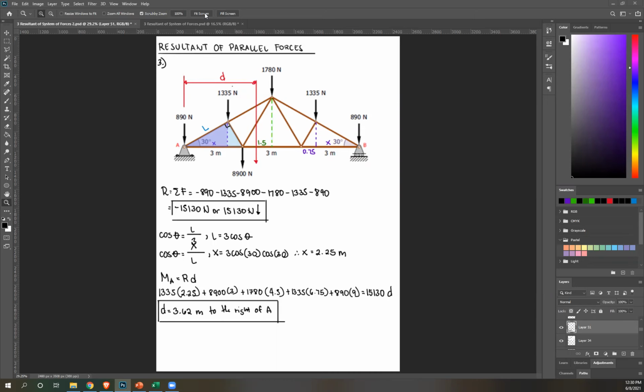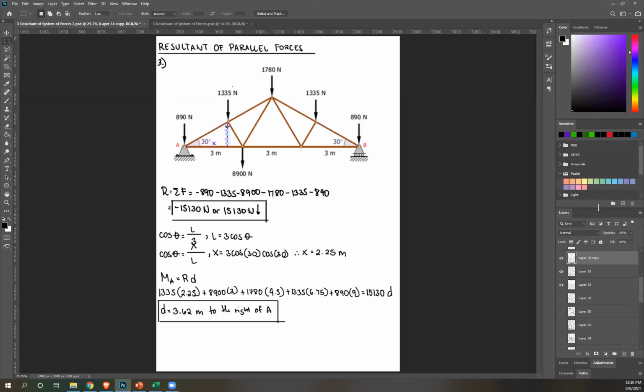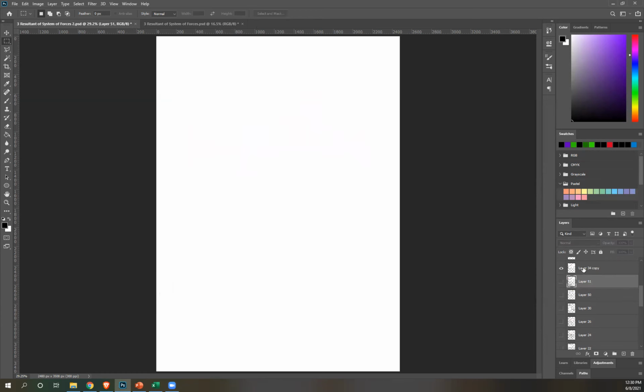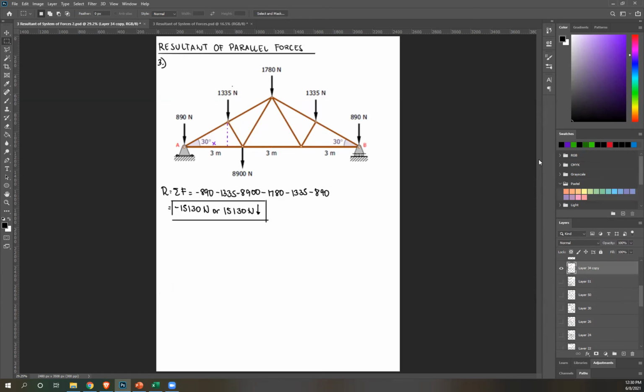Great. Now, actually, there's a shortcut to this. I'll show you. The solution for R is the same.